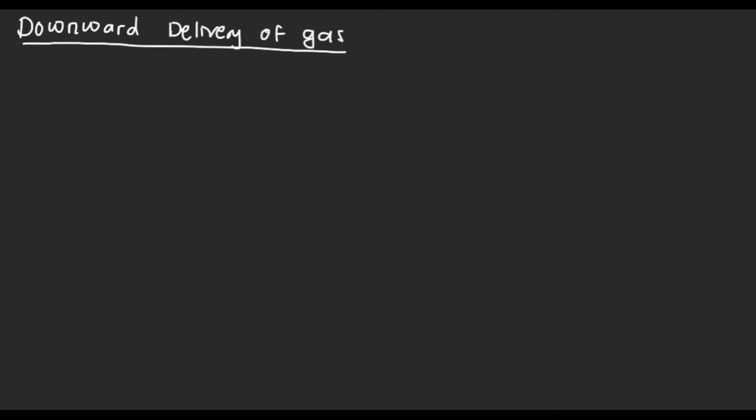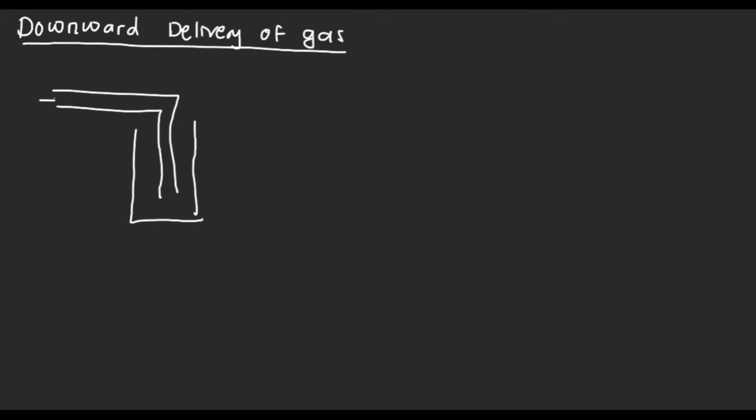You will be able to see this in this diagram. Whenever you see this diagram, it's an indication of this method. As you can see, the tube is the inlet, but the outlet is pointing down. So whatever gas you are looking at is going down.